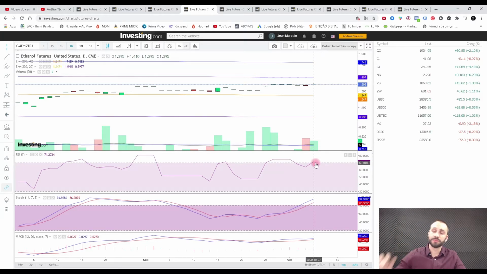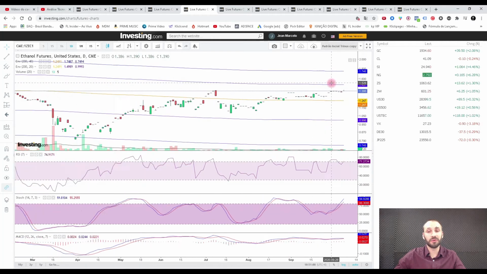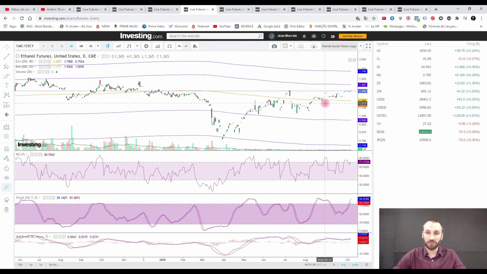We are at 71, 70, and the stochastic indicator is at 94, 86. And we can approach the envelope of 20%. What does this tell us? It's a very strong resistance. We touched this price other times in the history, and the price came down after that. So if you have ethanol, it's a good moment to sell ethanol too.